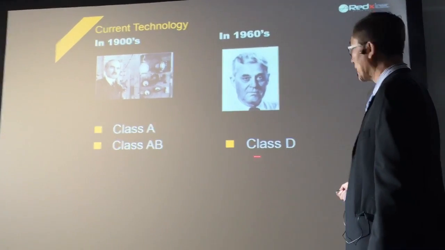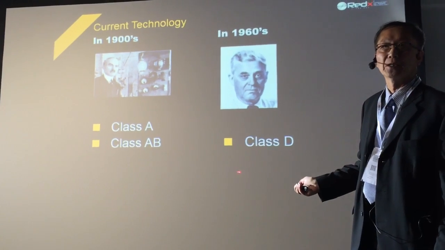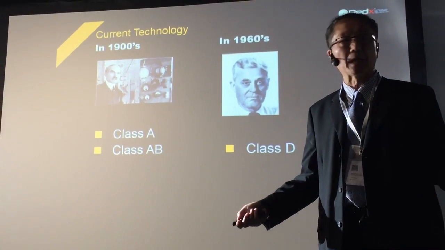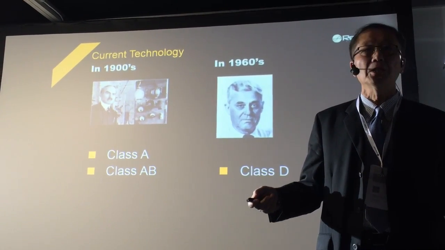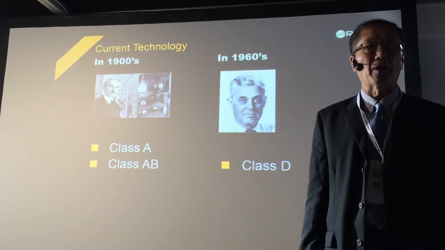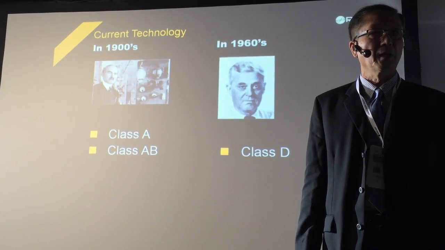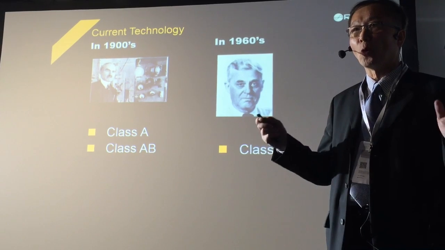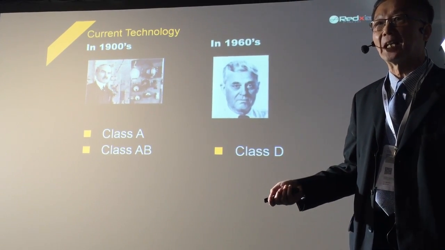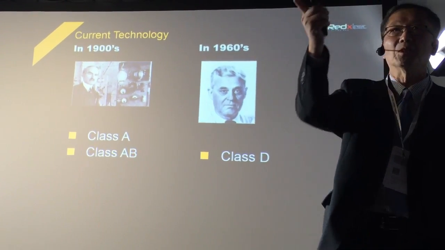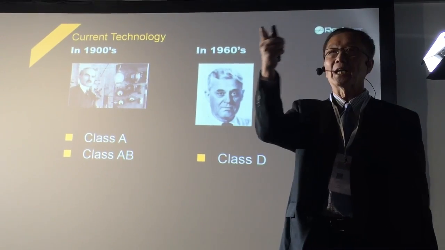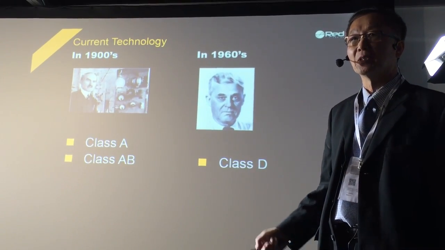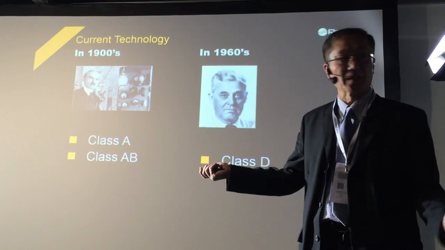Next is Class D technology, which people currently know as the switching power amplifier topology. Probably only these three exist today for people to show as products on the floor.